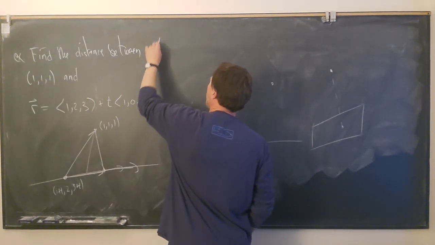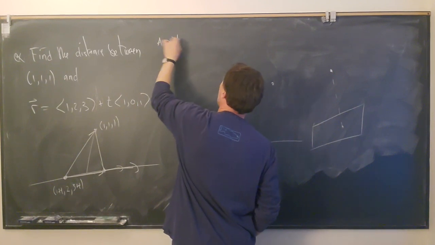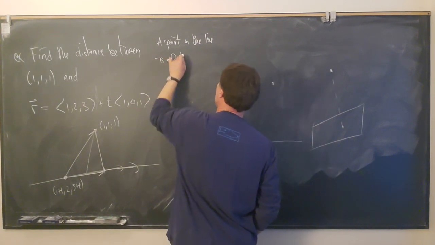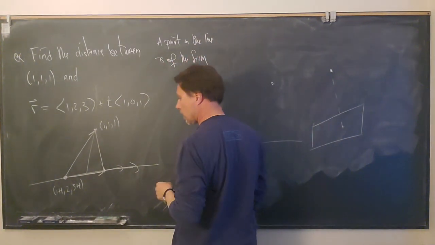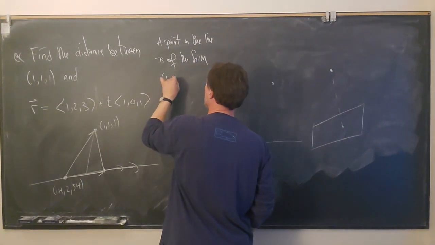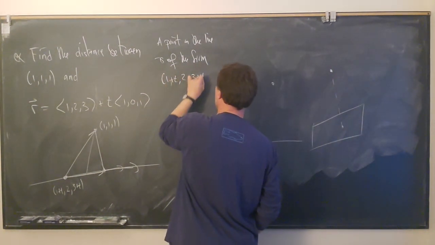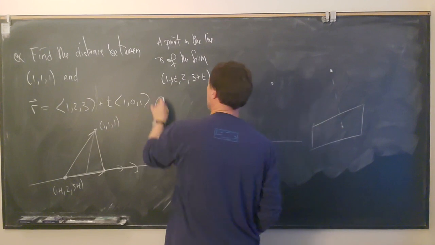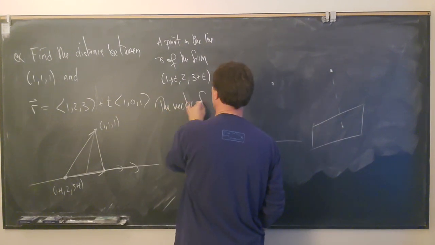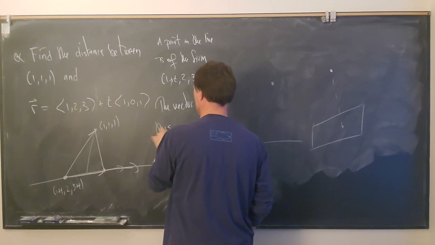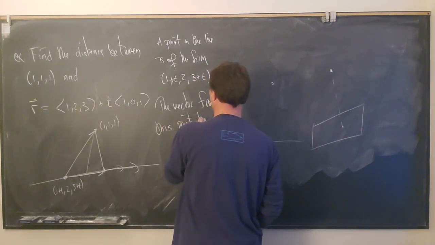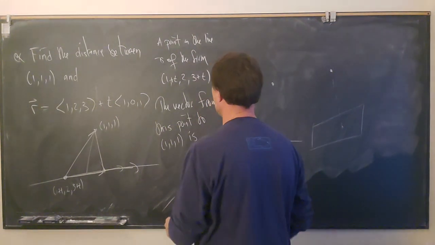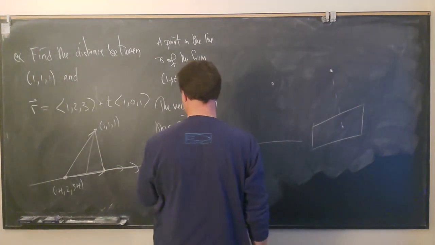So, a point on the line is of the form (1 plus t, 2, 3 plus t), which means that the vector from this point to (1, 1, 1) is: 1 minus this will give us negative t.